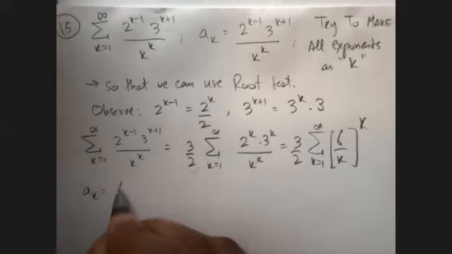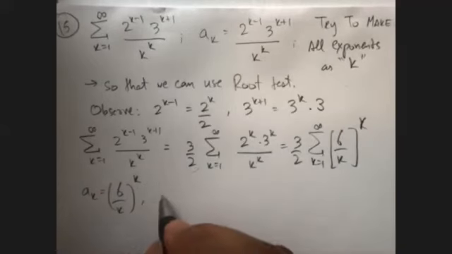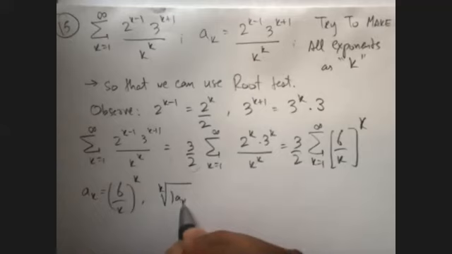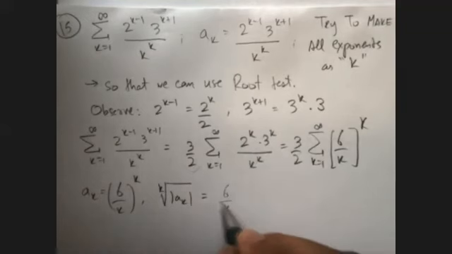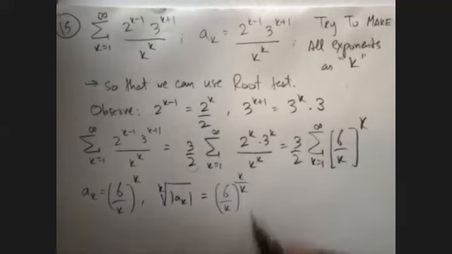So then ak is 6 over k. Okay. And if I take the kth root, it will be 6 over k, the k divided by k, 6 over k.